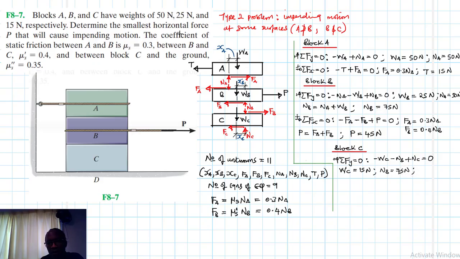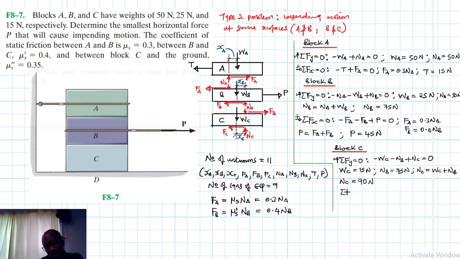Therefore, NC is just going to be equal to WC plus NB, that's 15 plus 75. This gives us 90 newtons.